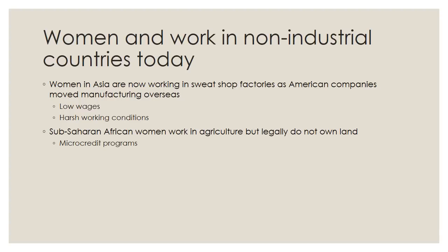Sub-Saharan African women work in agriculture, but they're not allowed to own the land. And we actually have a new thing happening from developed states called microcredit programs, where private investors will give women small loans to create some type of trade, some type of artisan job, which is helping to equalize women out in a lot of these underdeveloped countries.